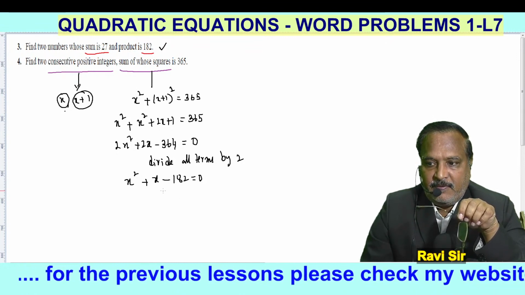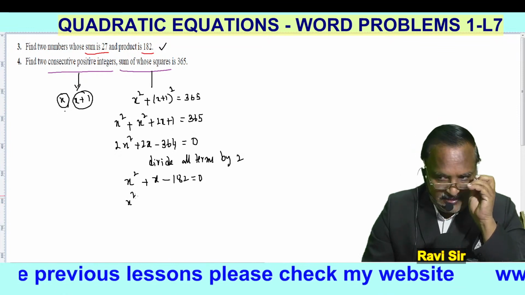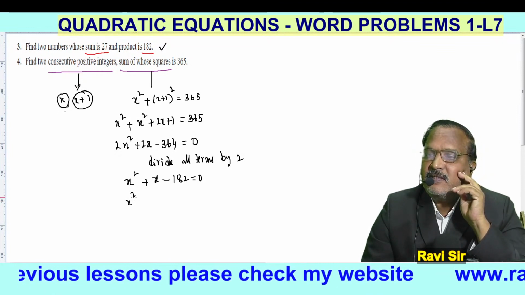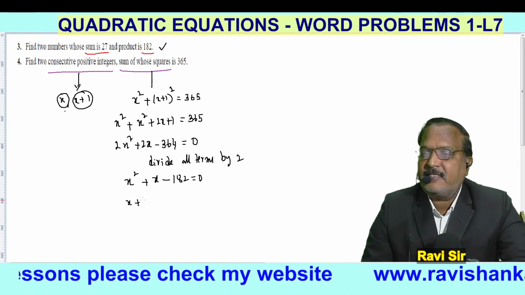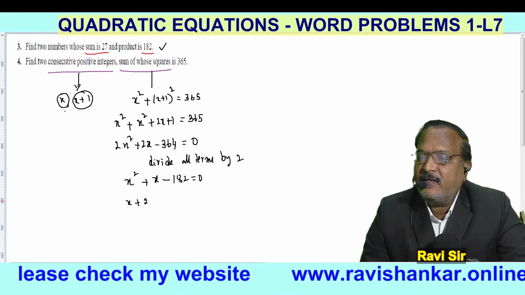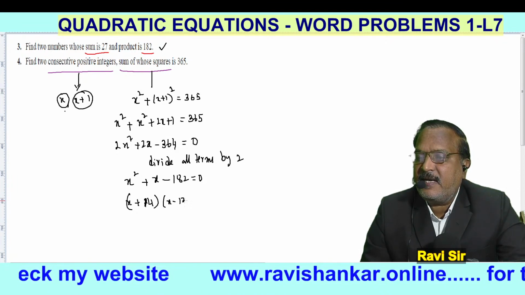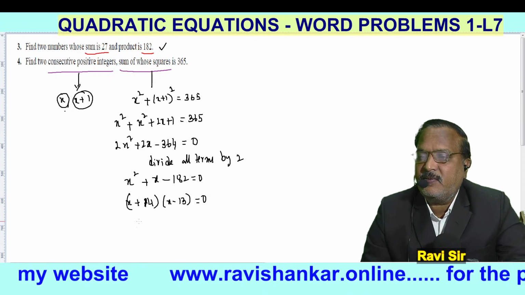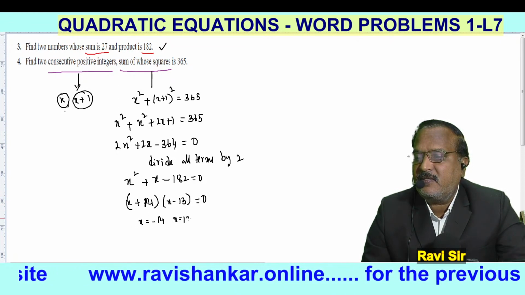But here minus is there, so the answer is x square plus 14x minus 13x minus 182, which gives (x plus 14) into (x minus 13) is equal to 0. So x is equal to minus 14, x is equal to 13.